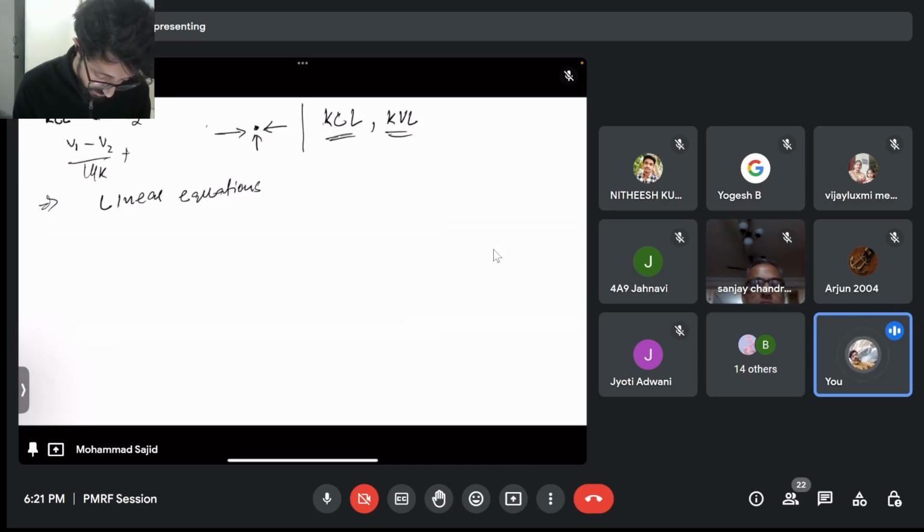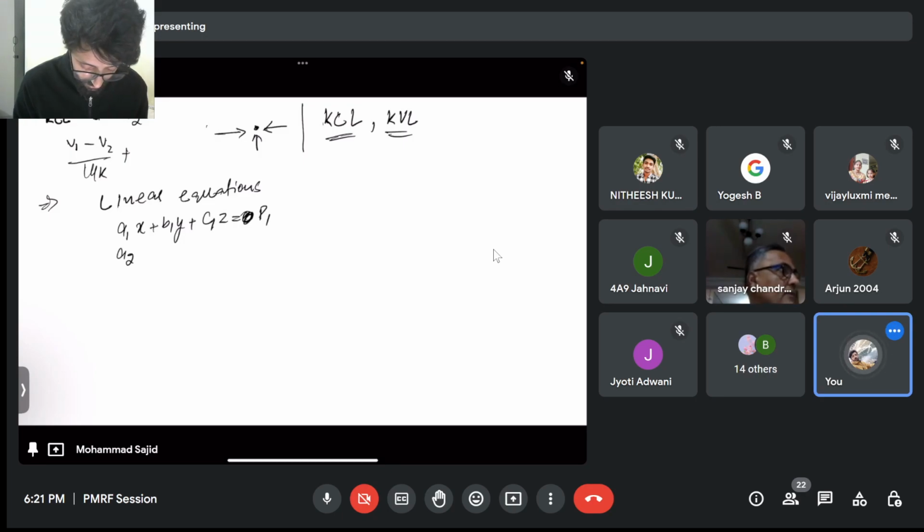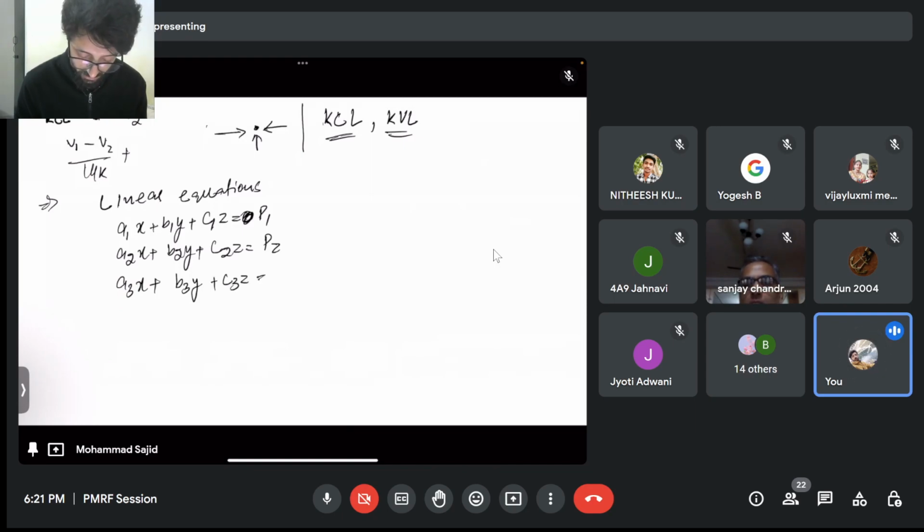So if you have equations, let's say a1x plus b1y plus c1z equals d1, a2x plus b2y plus c2z equals d2, and similarly a3x plus b3y plus c3z equals d3.